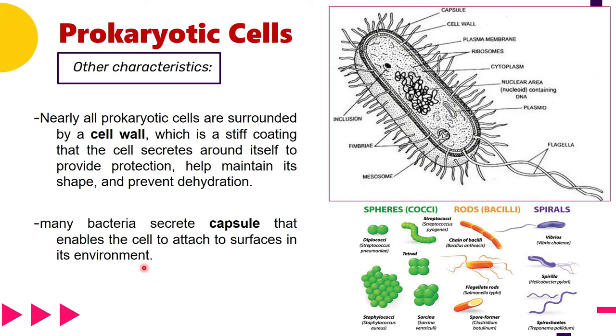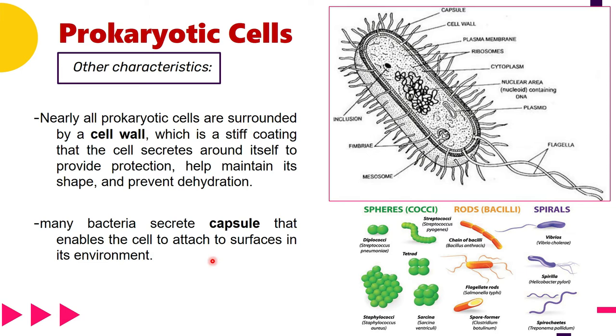So although prokaryotes are made up of one cell and have a high chance to die, or they have a high mortality rate, these structures, the cell wall and the capsule, help them to at least prolong their life.